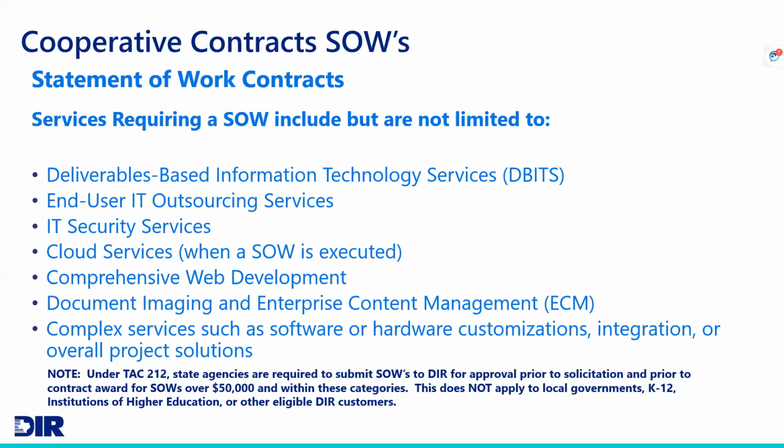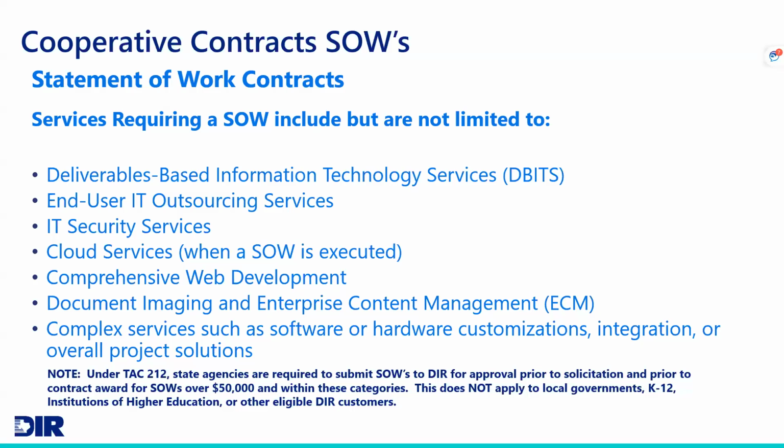And those contract scopes include our DBITS contracts, or deliverables-based IT services, and our seat management or end user IT outsourcing services. Those are for things like help desk services, asset management services, things like that. Also, our IT security services contracts, our cloud services contracts when you execute a statement of work, comprehensive web development, document imaging and enterprise content management.